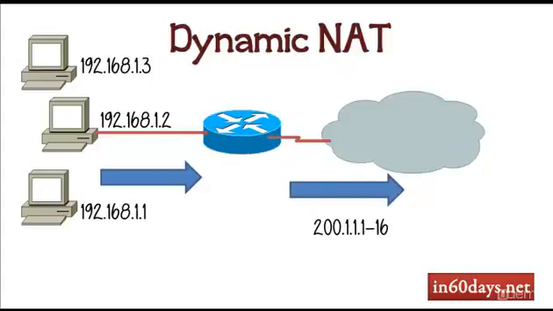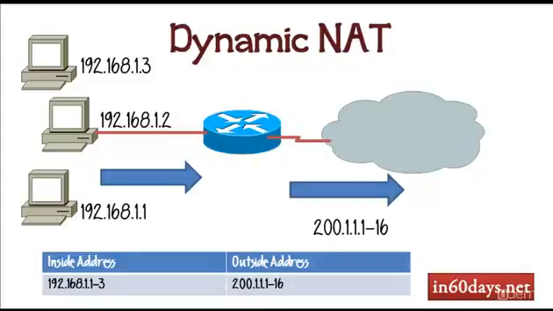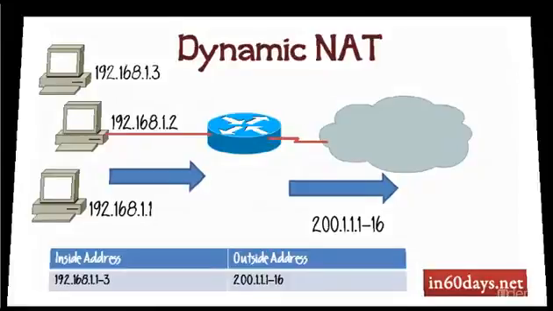And you've got a pool of addresses from your ISP, 200.1.1.1, and then all the way up to 16. So your inside addresses in this instance are 192.168.1 up to 3, and the outside addresses are from 1 to 16.